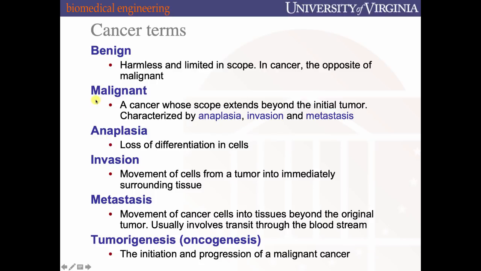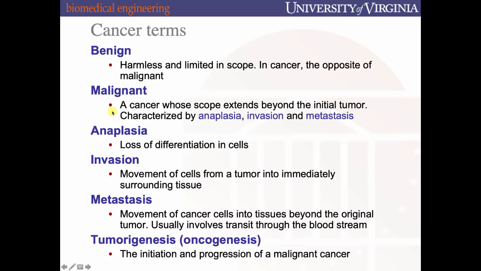One of the major distinctions in cancer is whether or not a particular lesion that looks abnormal or atypical is benign or malignant. The benign lesions would be like a wart, for example, or a mole. We talked about how nevi on the skin can pick up a mutation, proliferate for a while, and then stop by senescence. Those would be considered benign lesions.